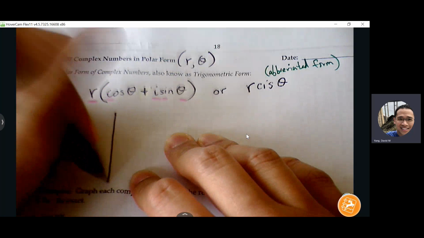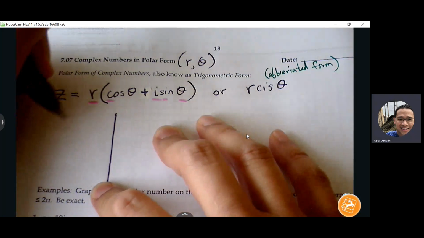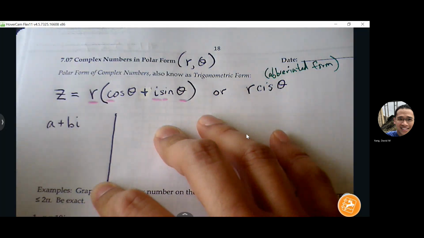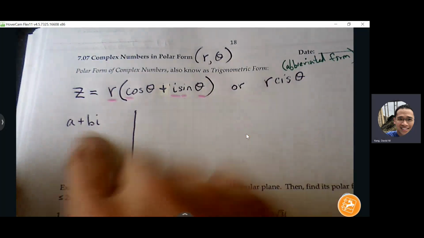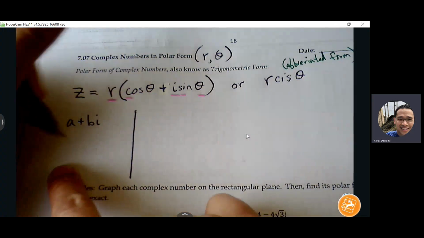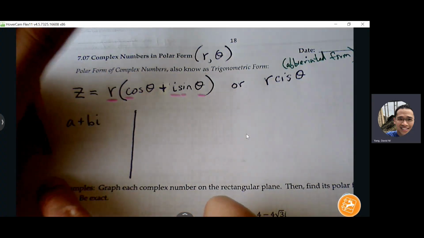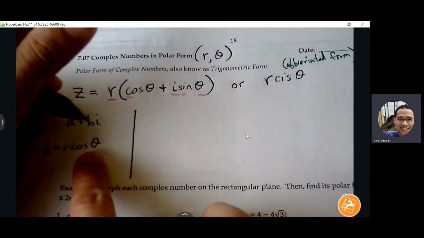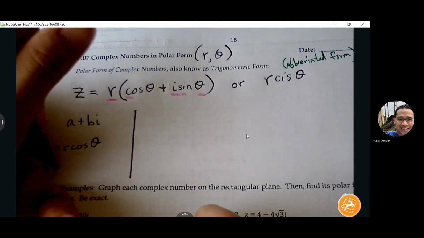So we know the complex form is a plus bi. The real component is basically like the x. The imaginary component is like the b.